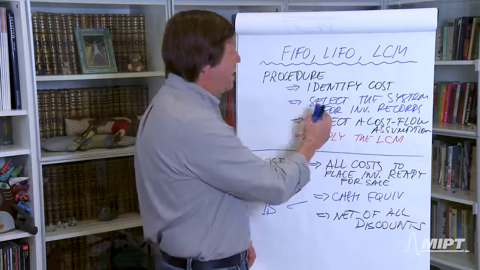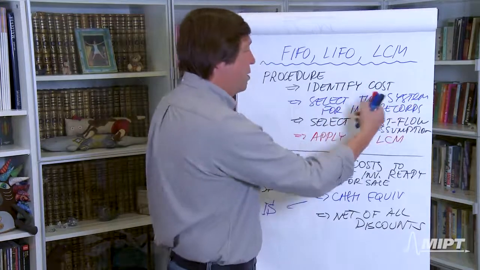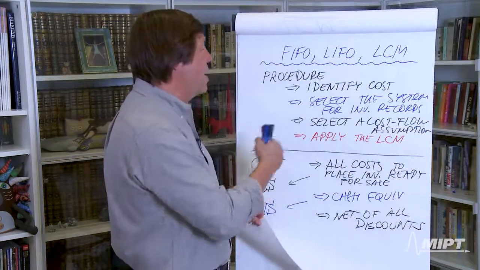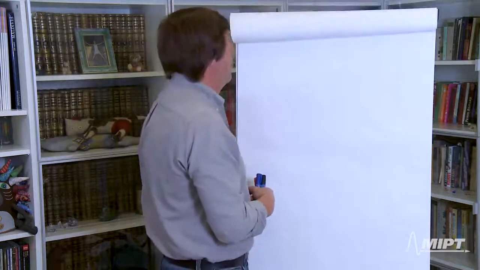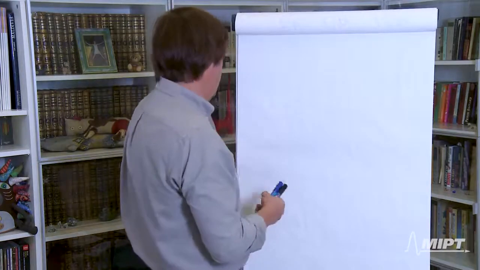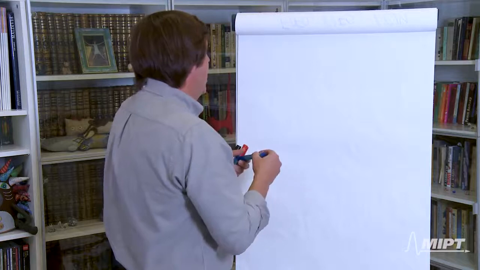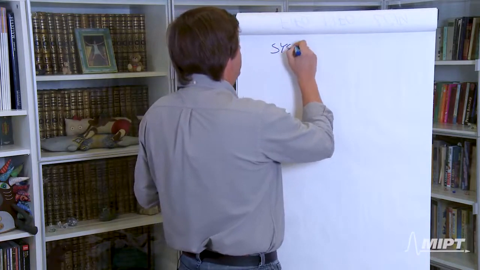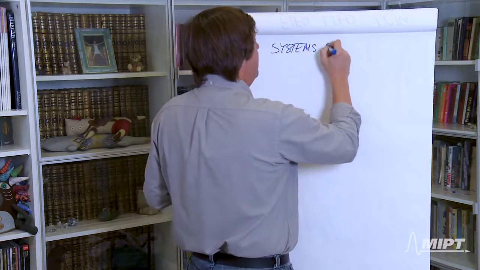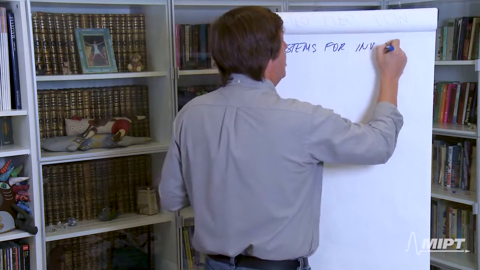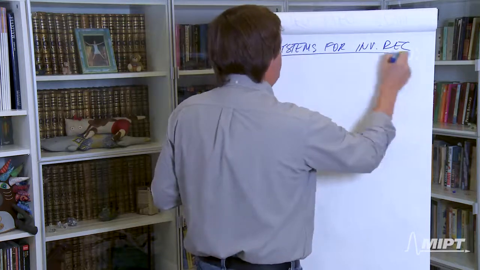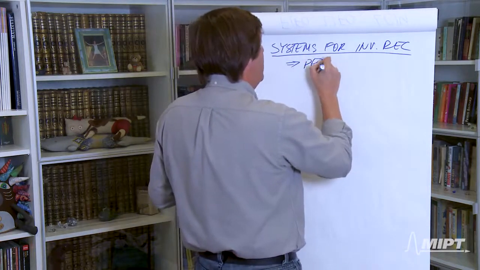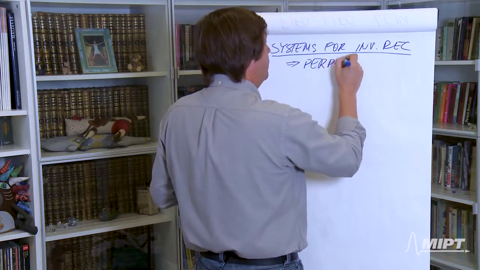Now, these systems for inventory records and cost flow assumptions sound somewhat strange now. Let's go over them in somewhat greater detail. Now, these systems for inventory records, basically we talk about either a perpetual system.